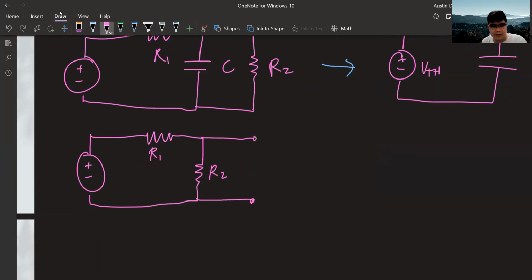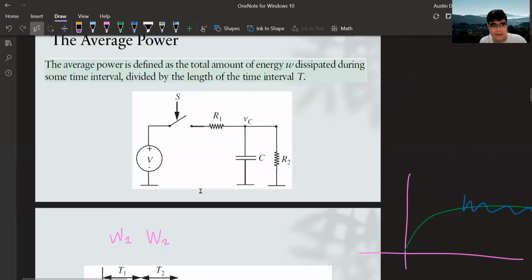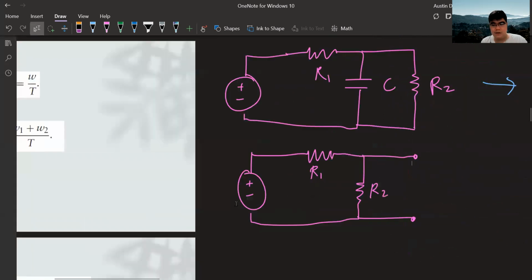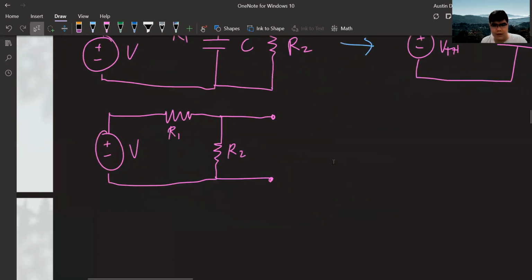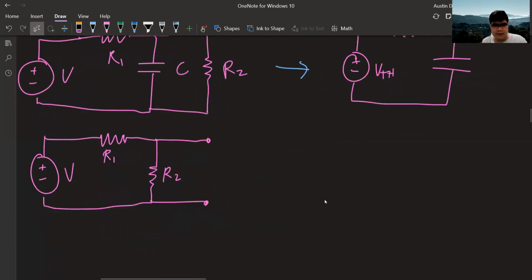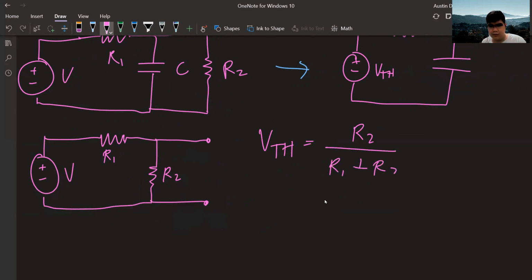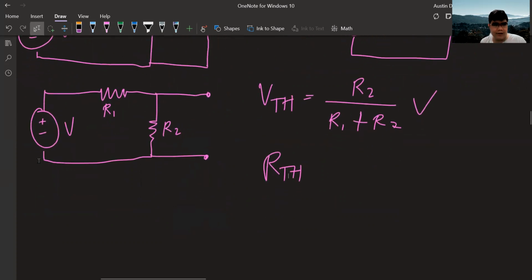Now we can do our Thevenin process, the process of getting the equivalent Thevenin resistances and voltages. Okay, VTH is very easy. VTH is very easy kasi voltage divider lang to. So we have R2 over R1 plus R2, then times V. Okay, and then RTH, I turn this source off.